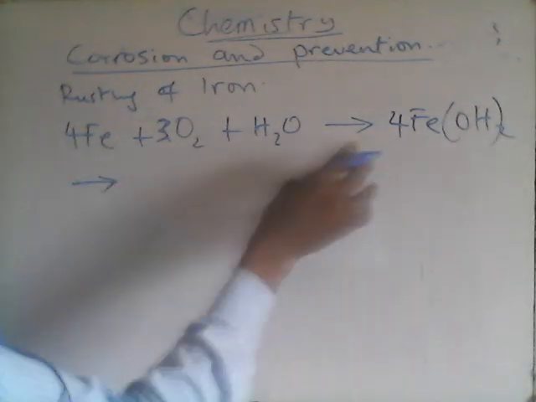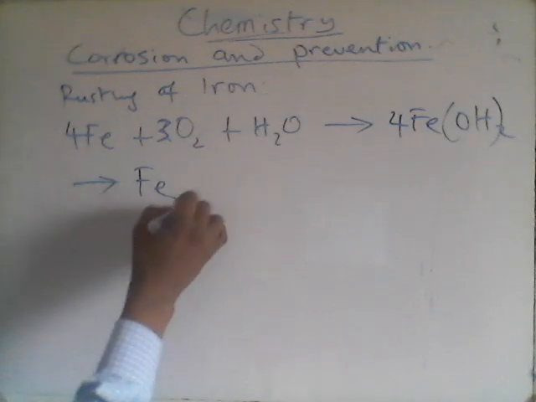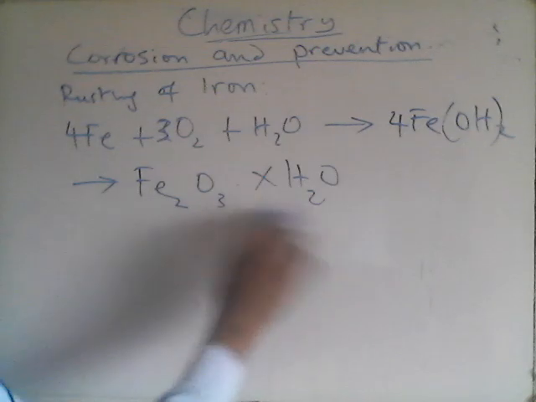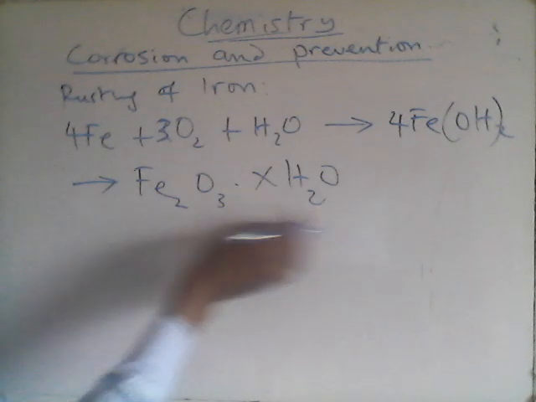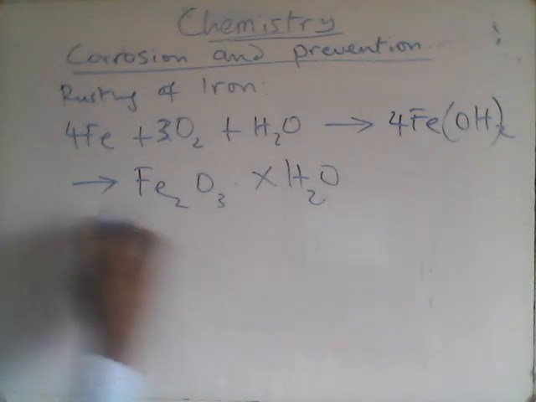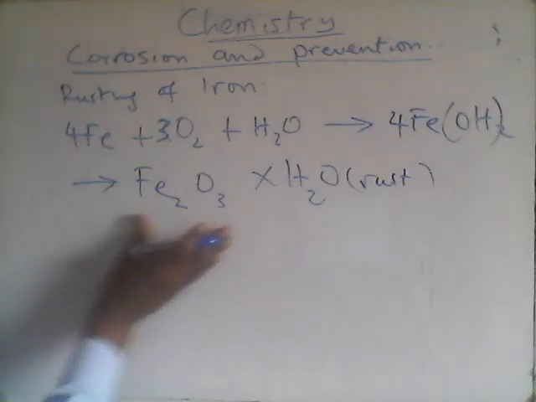It will still go further and become this compound. This water attached to this compound with a dot here, we call it water of crystallization. But this particular compound is rust. So this iron that is pure has degenerated to something like this.